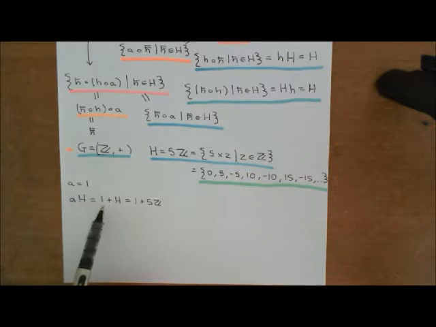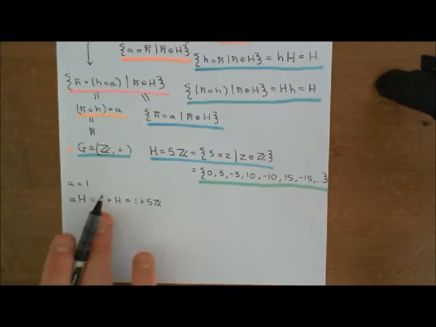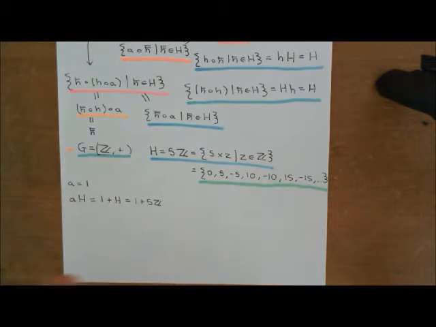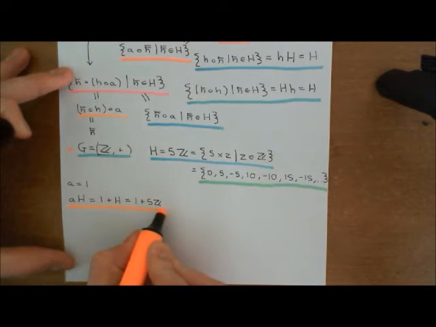Of course addition is a composition, but it's just common notation to write it like this rather than writing 1H, because that kind of implies multiplication. Addition is a composition rule and multiplication is a composition rule, so in that respect they're the same, but for old classical reasons, we do it like this.